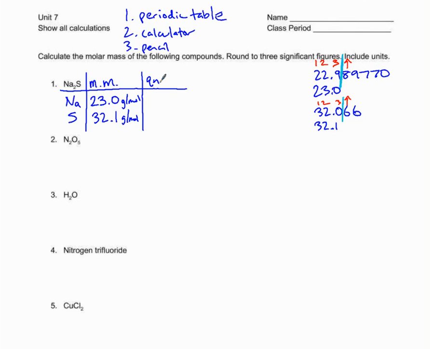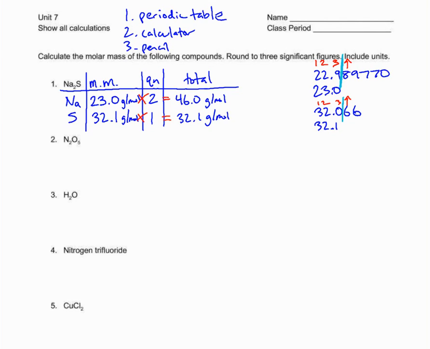Then quantity, that's the number from the chemical formula. For sodium, it's 2. For sulfur, it is just 1. And here's what we're doing. We are multiplying on each line. So basically 23 times 2 equals 46.0, 32.1 times 1 equals 32.1, and this column's label is total.